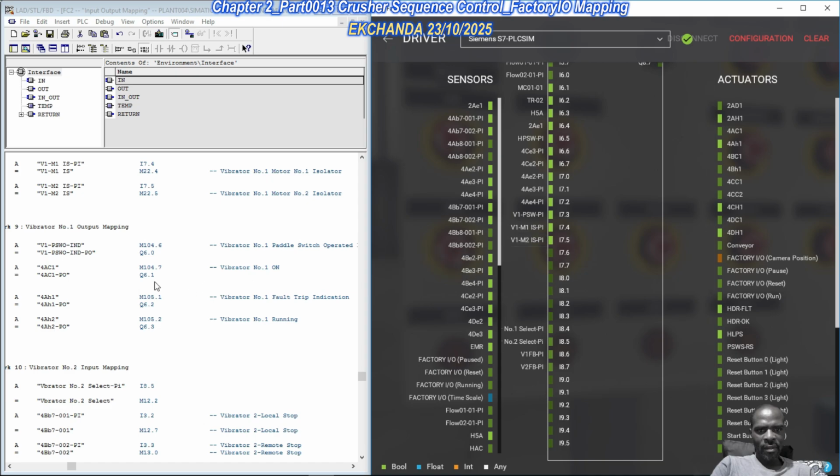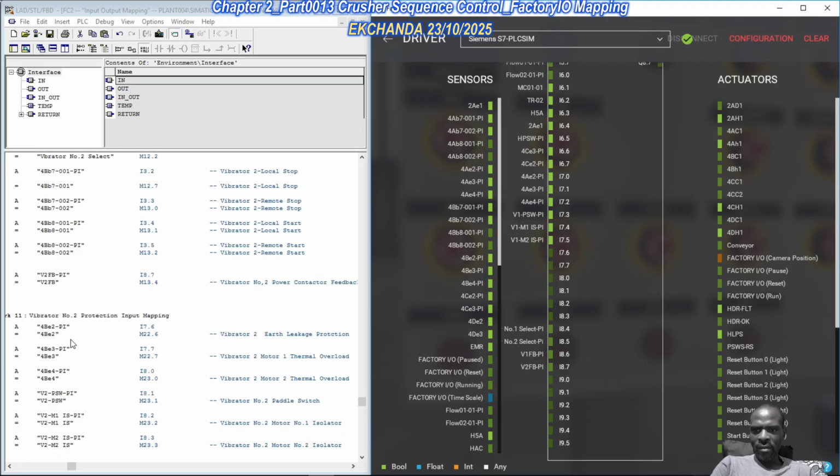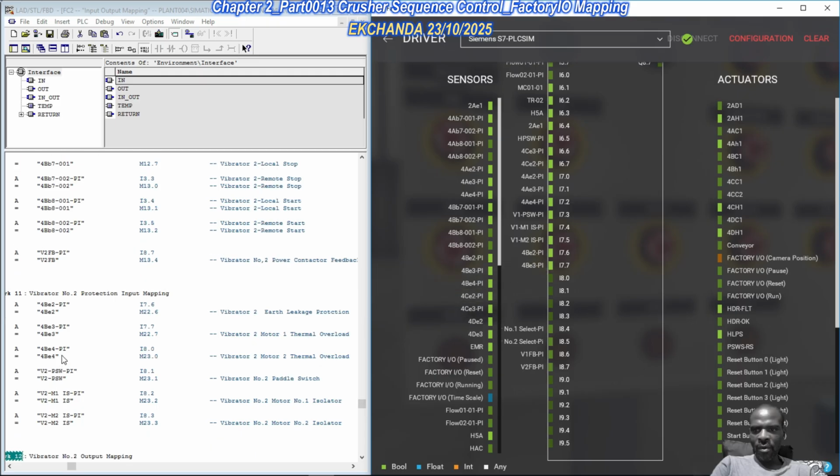Okay, 4BE2 is input 7.6, then 4BE3 is input 7.7, then 4BE4 is input 8.0. Then 4CE2, not yet.